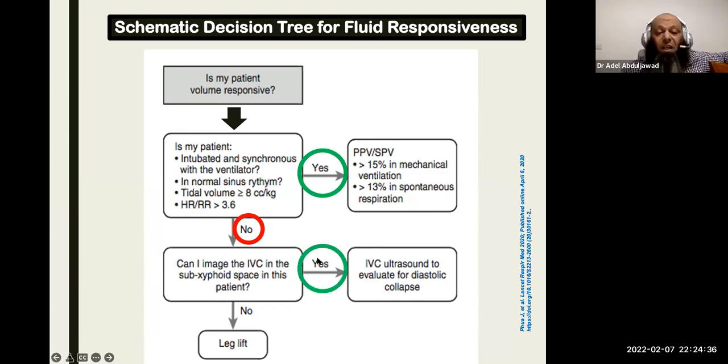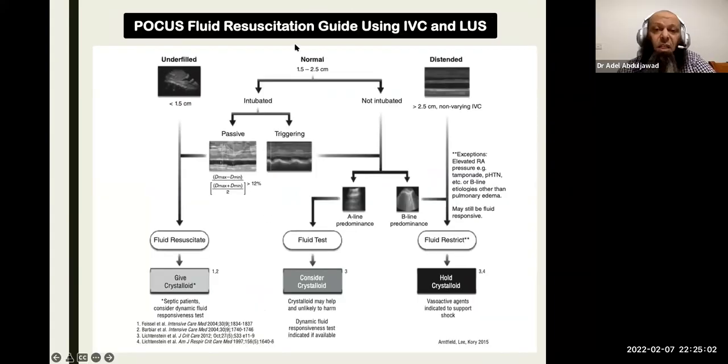If the answer is yes, I can, then you apply the inferior vena cava ultrasound measurement and evaluate the collapsibility index or the distensibility index. If the answer is no, here is the role of PLR, or passive leg raise, or the role of point of care ultrasound for fluid resuscitation to guide you, using the inferior vena cava and the lung ultrasound.